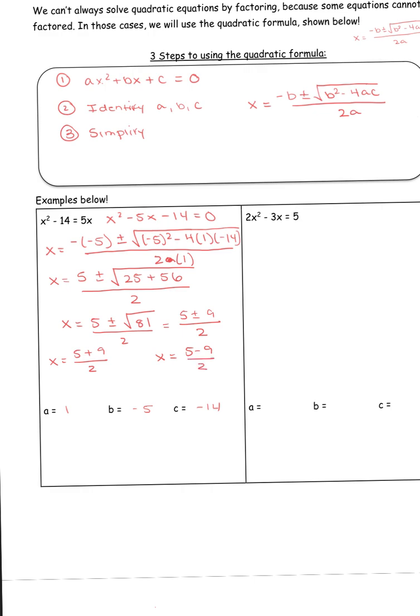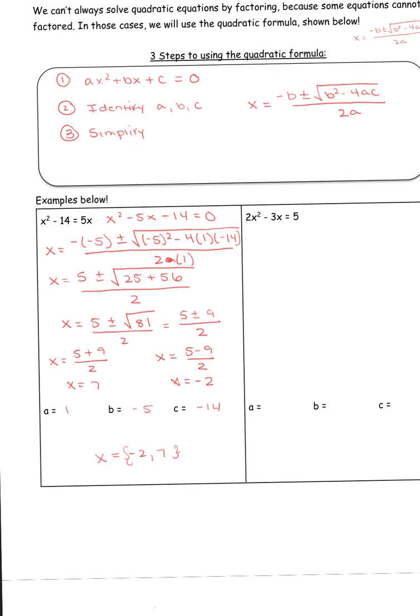We know that 5 plus 9 is 14 divided by 2, we get x is equal to 7. And then over here we have 5 minus 9, which is negative 4 divided by 2, gives us x equals negative 2. So our solution set, our solutions for our quadratic equation, is negative 2, 7, and I will put this in my curly braces.